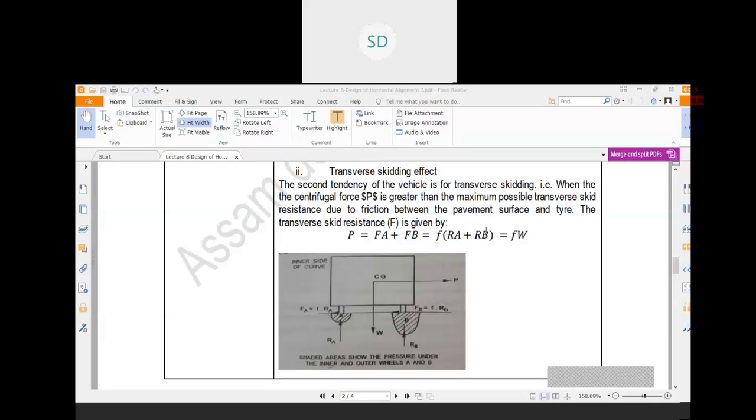Now RA plus RB is the total weight of the vehicle, that is W. So you can write P equal to f into W. Now one thing you can notice, here P by W is equal to f. So from this, whenever your centrifugal ratio, that is P by W, is equivalent to the coefficient of friction, in that case only the transverse skidding effect will happen.